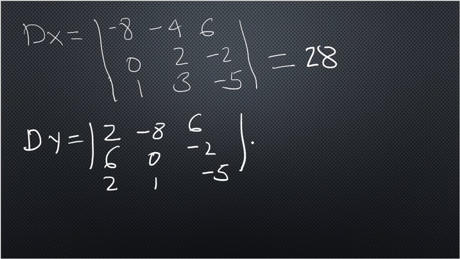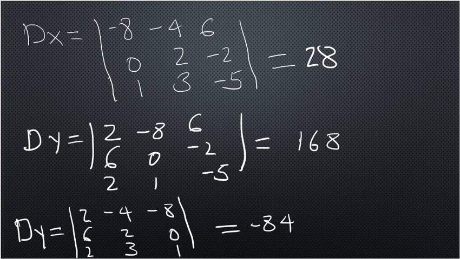So again, we need to calculate the determinant of this matrix, and let us see the outcome. So the determinant of dy, as you see, is going to be positive 168. How comes? The second column is replaced by the constant, that is -801.